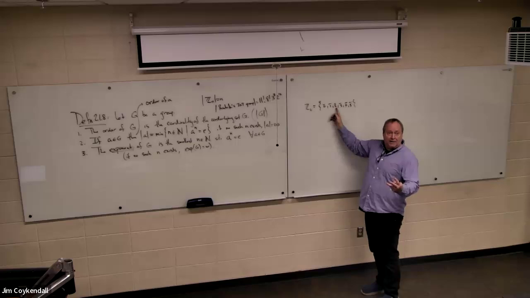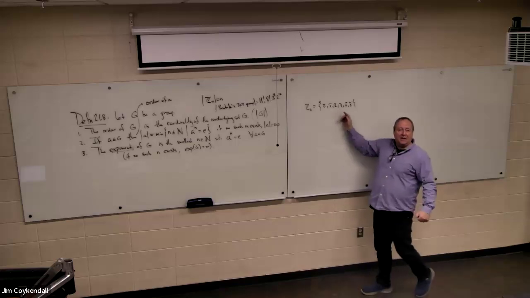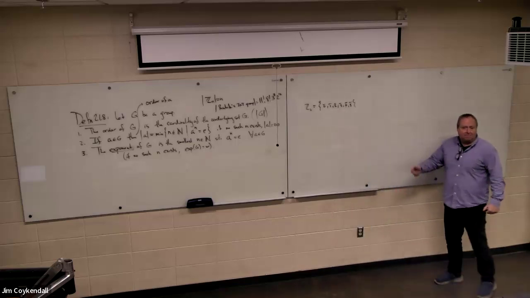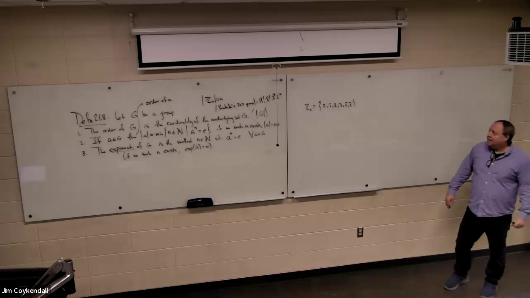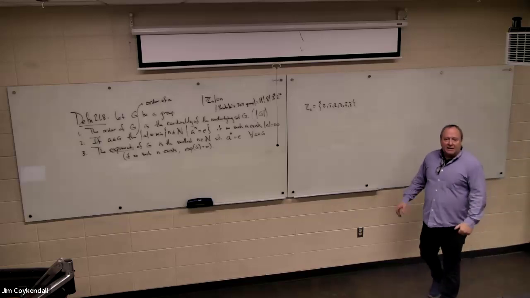Everybody agree? The order of 3 bar is... you can do better. How many times do you have to add 3 bar to itself to get the identity? 3 bar plus 3 bar is 6 bar, which is 0. So it's order 2. In any group, the order of the identity is 1.